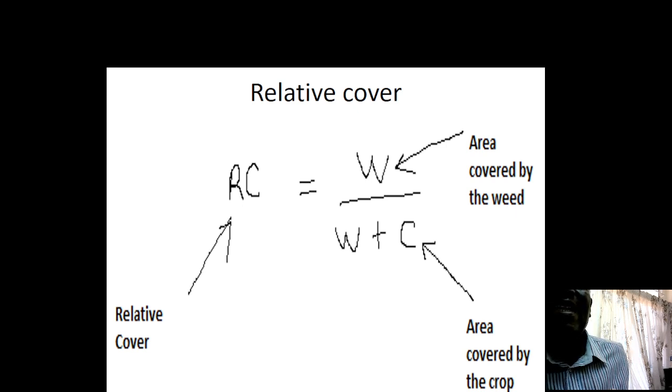She uses an instrument known as the canopia, where you simply take a photograph of ground cover, then from the photograph you get the percentage of relative cover, and you can measure your crop yields.